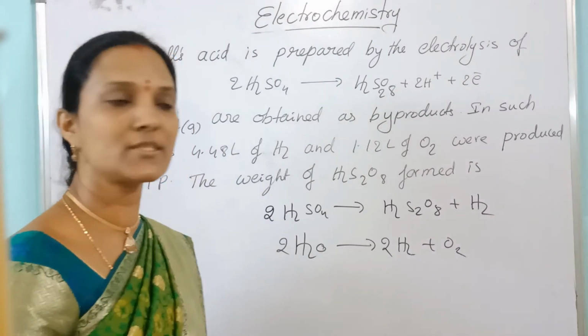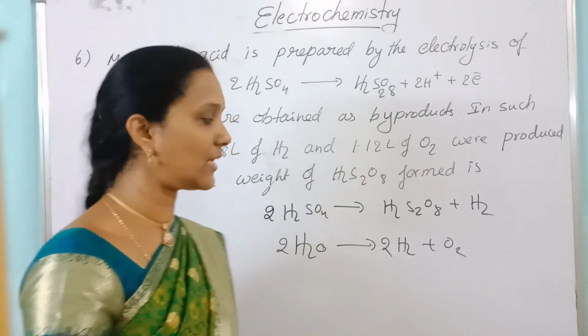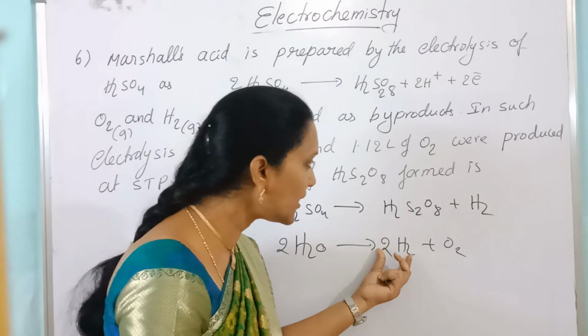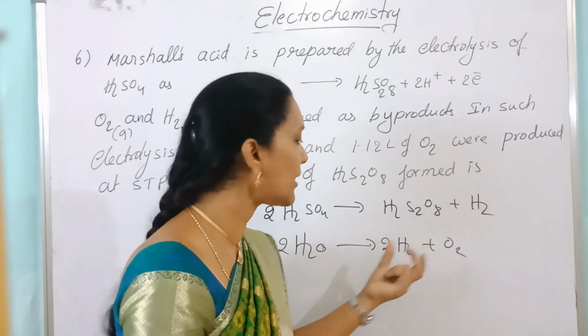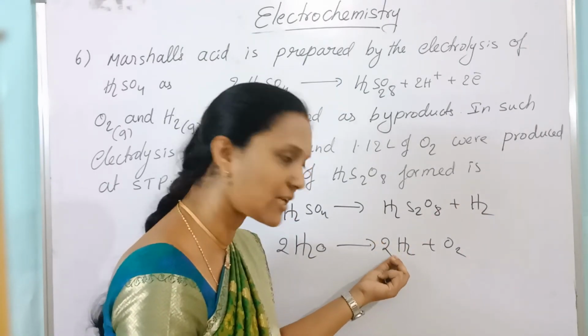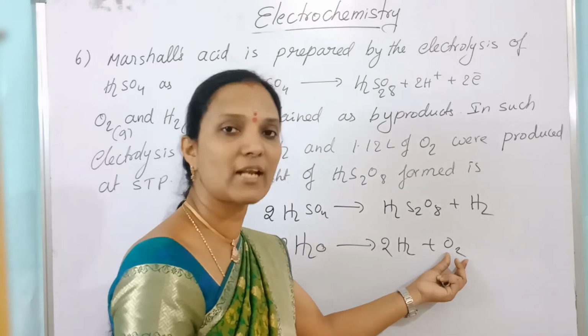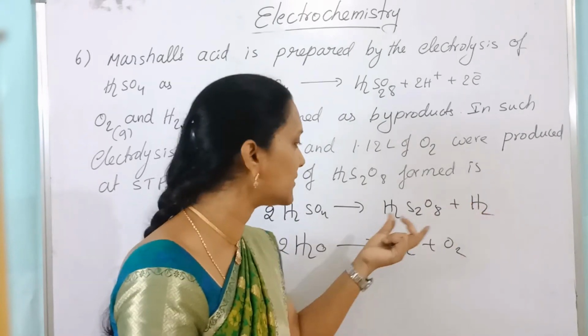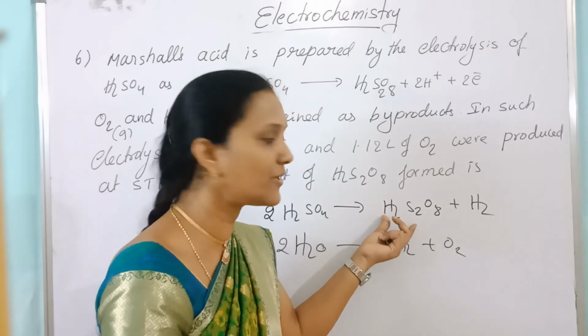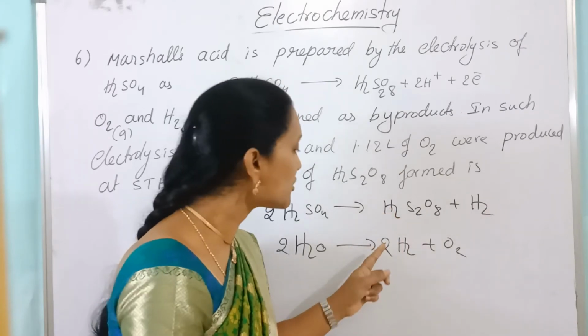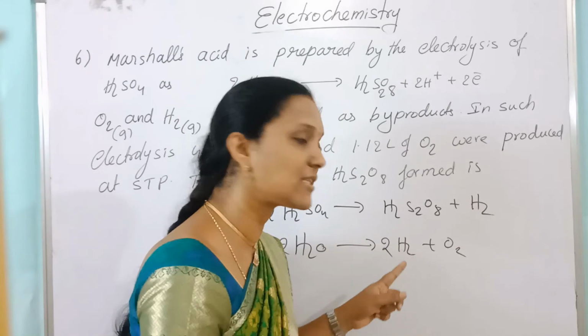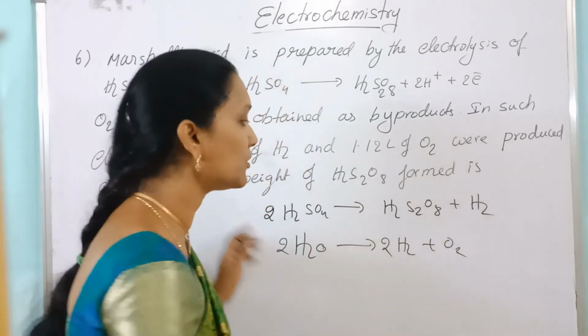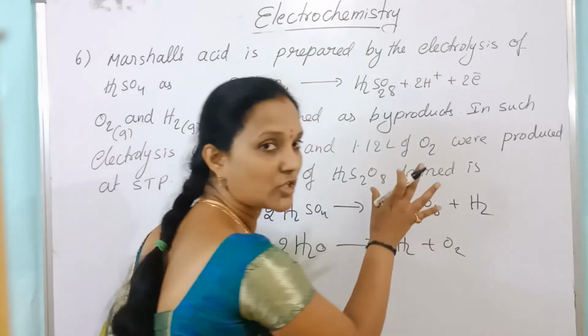Instead of number of moles, now use gram equivalents. See this, the number of gram equivalents of hydrogen obtained is equal to the number of gram equivalents of oxygen plus Marshall's acid.